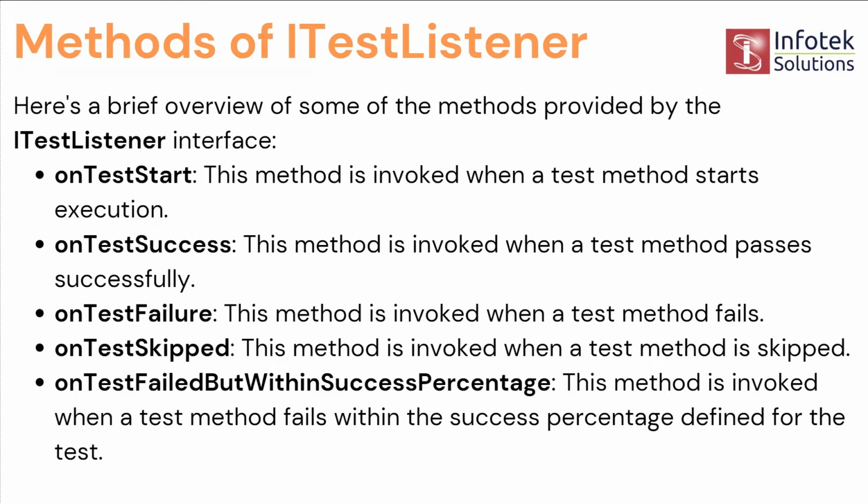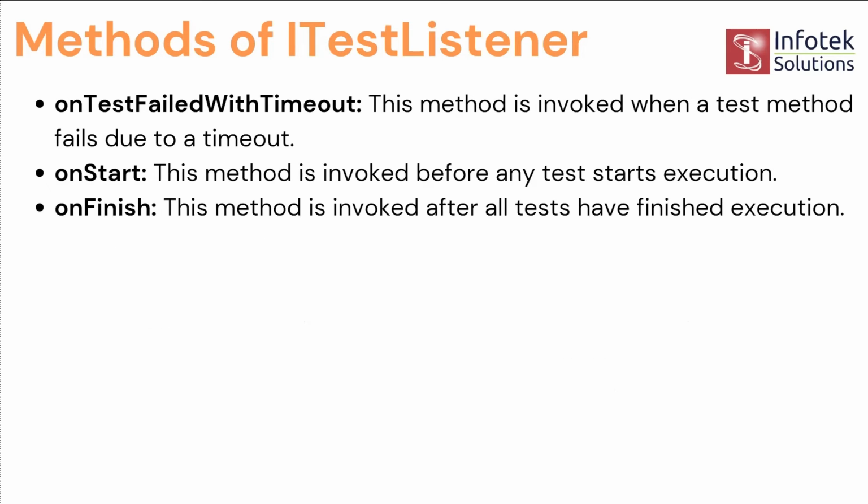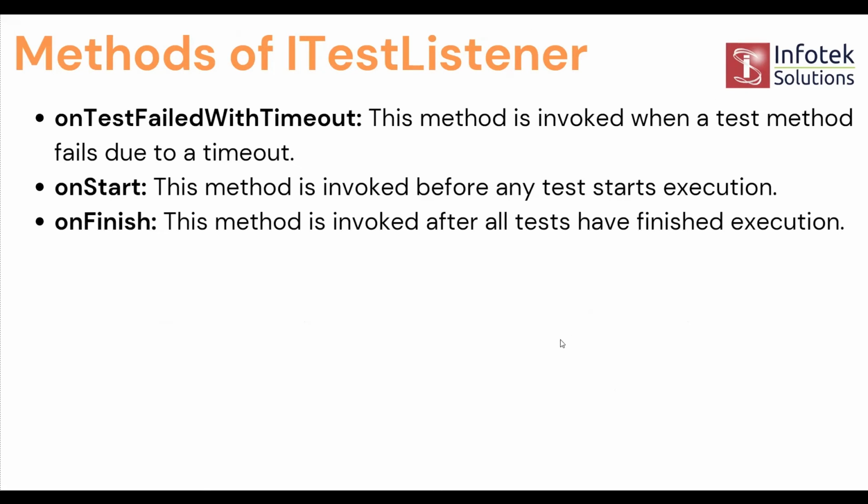When a test case succeeds, you can generate a report. If a test case fails, you can add some event there. Again, onStart means when the particular process starts, you can generate some message. On finish, you can generate some message. So these are the different methods that you'll come across in ITestListener. And because ITestListener is an interface, these methods are inbuilt, that means they are there beforehand.